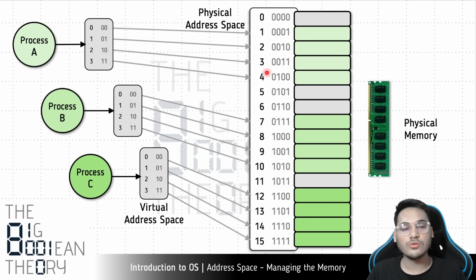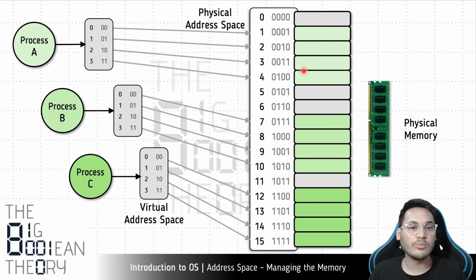If you look carefully, process A cannot access the physical address 0 or any physical address beyond the physical address 4. It can only access its own data via this virtual address space. Similarly, process B can only access these four addresses in its virtual address space, and these addresses will lead process B only to this region of the memory.